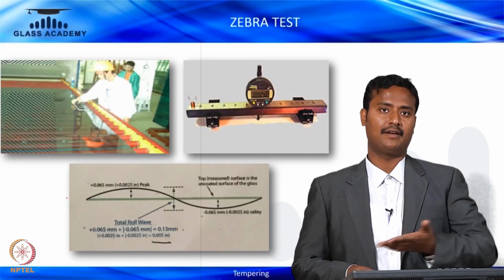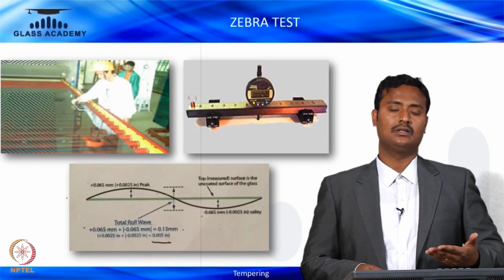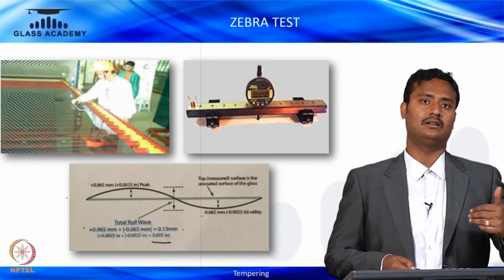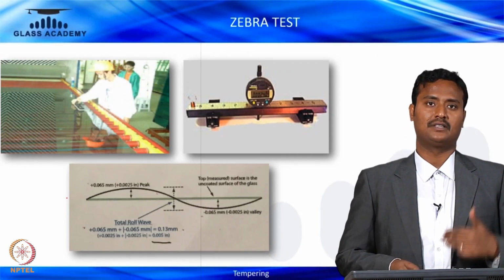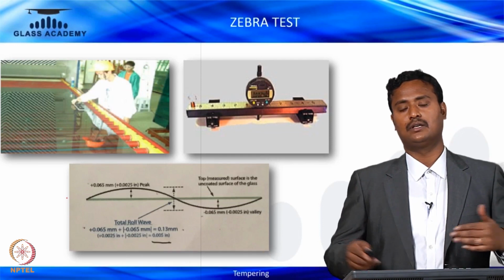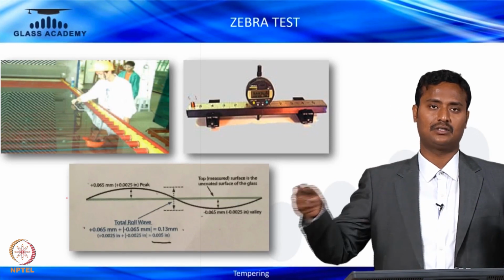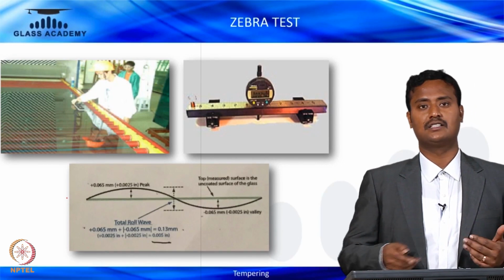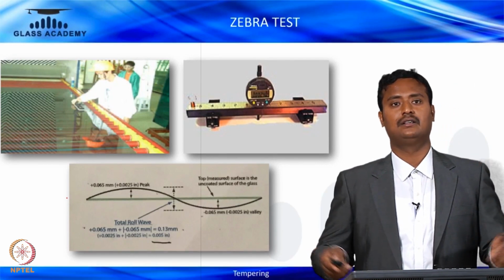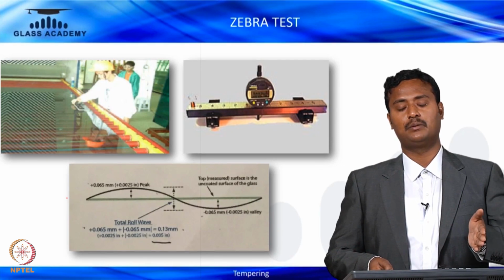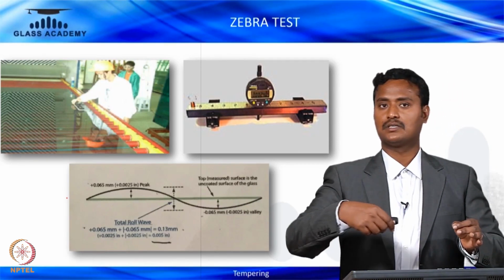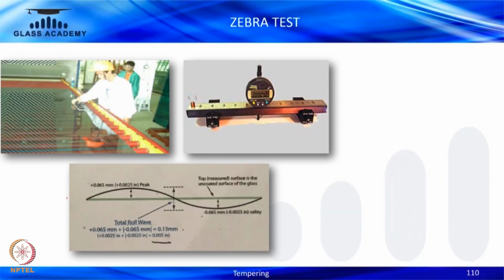This is the roller wave test. It helps us understand the peak and valley distance of the tempered glass. For a glass of the standard 360 by 1100 mm, we leave 150 mm at the bottom, keep the apparatus, and drag it to 600 or 700 mm.